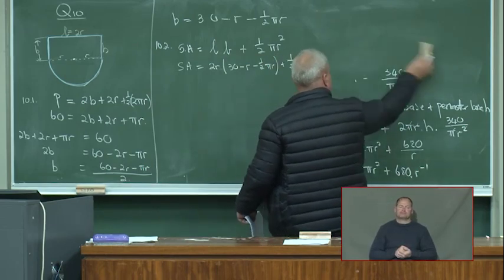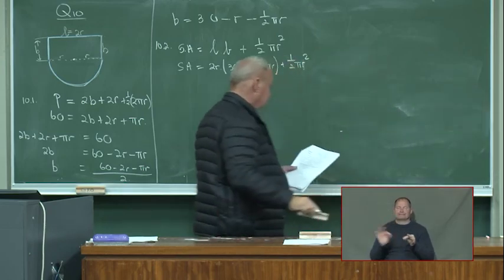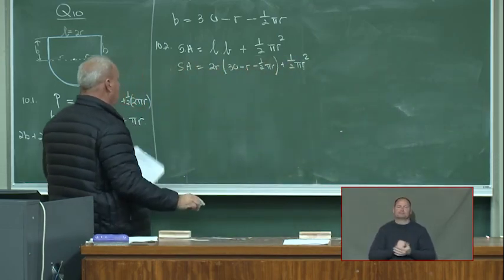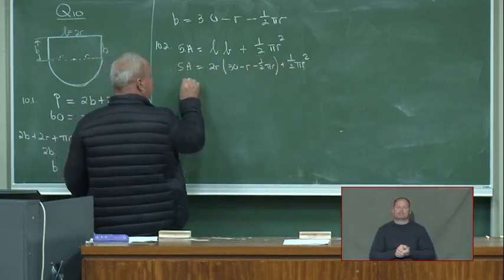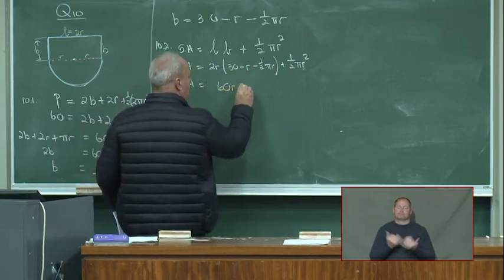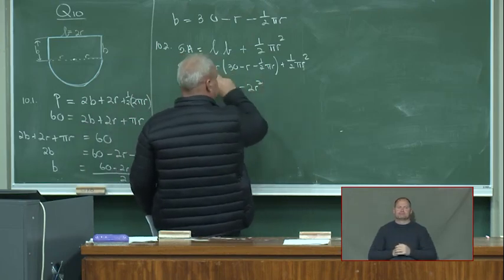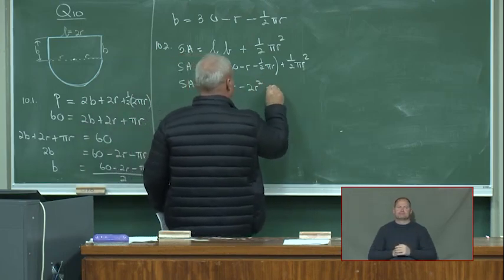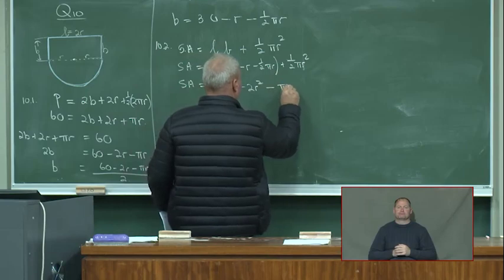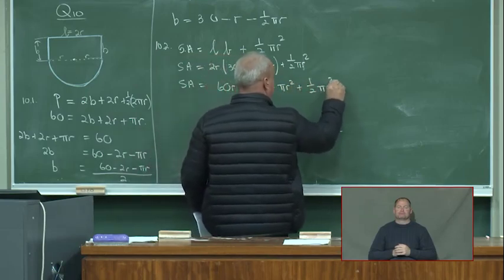And now we need to simplify. Right. So here we can say the surface area is equal to that times that, which is 60r minus 2r squared. That times that is equal to negative pi radius squared plus a half pi radius squared.